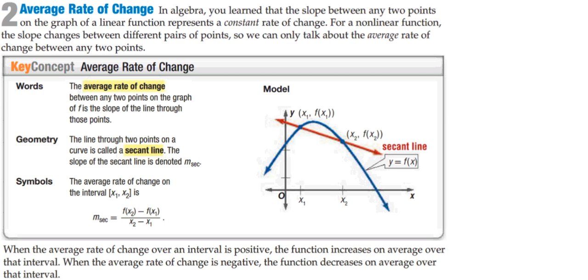So keep in mind, this curve has all kinds of slopes, right? It has a high positive slope, and then it's leveling out, and then it's going to start having a negative slope. So it's very dependent on what 2 points we pick.